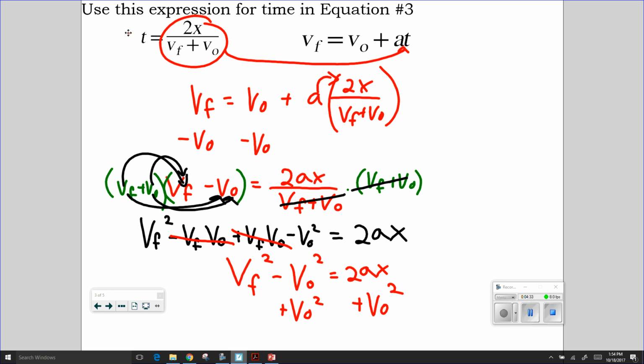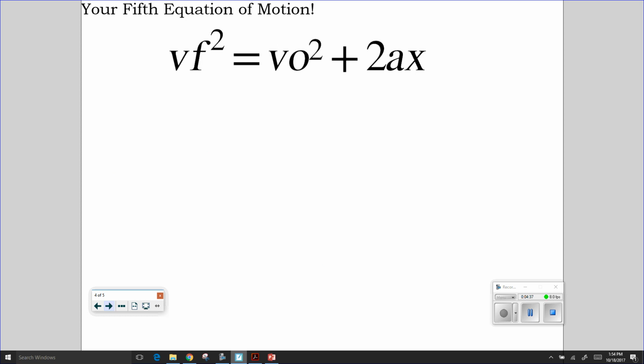And when I do that, I will get the following equation. vf squared equals v0 squared plus 2ax, or the final velocity squared equals the initial velocity squared plus 2 times the acceleration times the displacement.